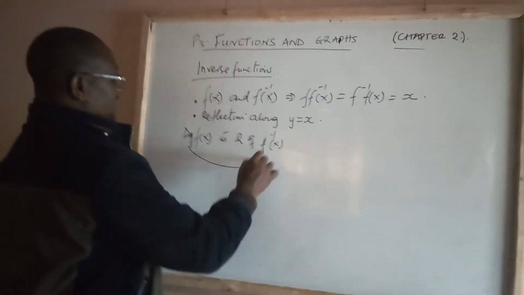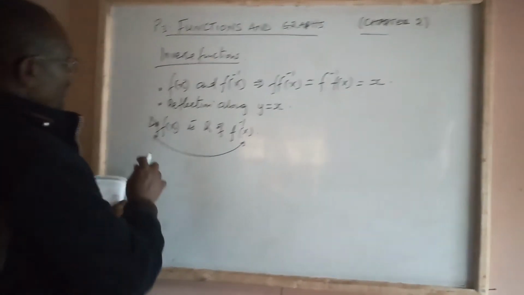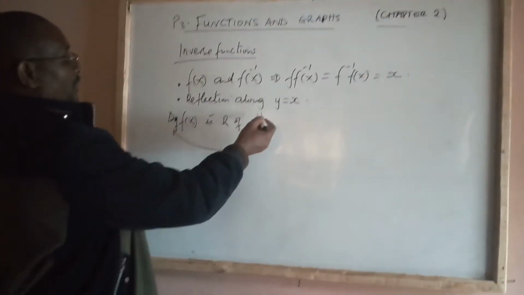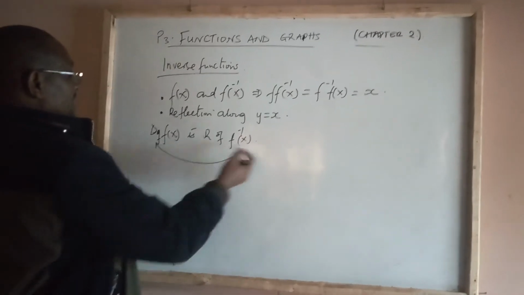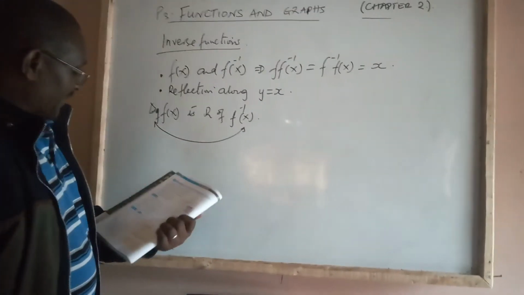So where we started from, effecting them along the function f(x), and again upon the inverse of x, it takes you back to where we started. We are going to see this in a diagram.